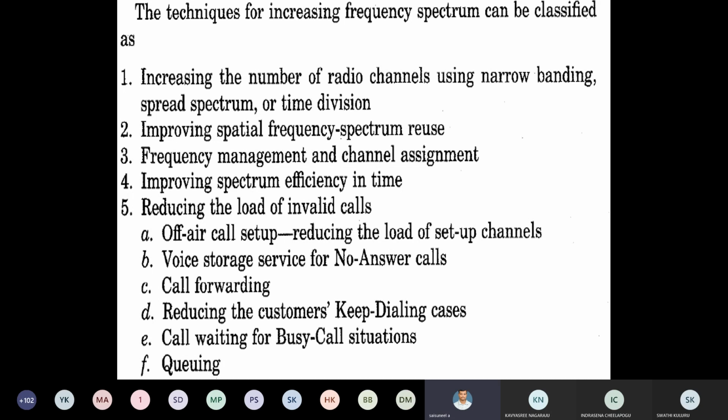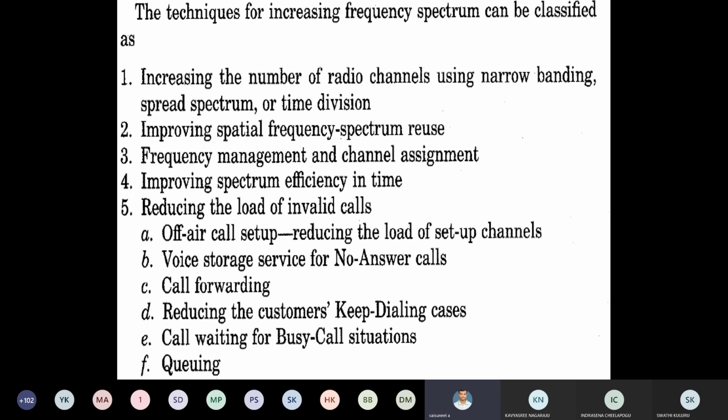At that time, instead of wide band, we go for narrow banding. That is, we go for a 0.5 megahertz band. Then automatically we get 200 channels.